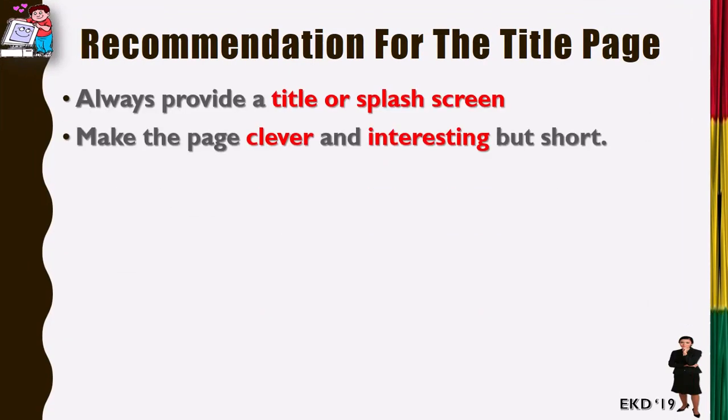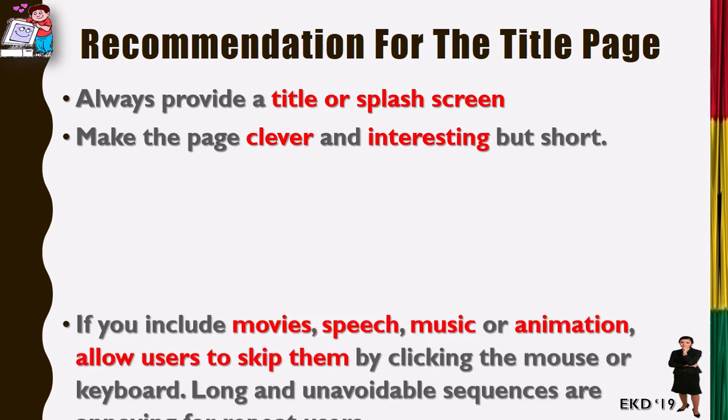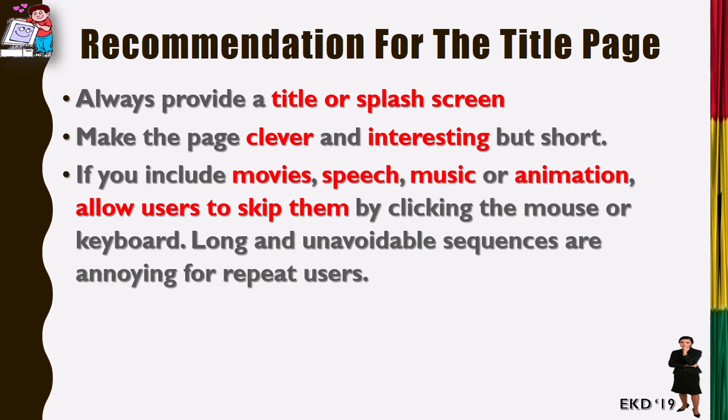Now, it must be interesting and very short. If you have a title page, it must be interesting, it must be cleverly designed. Now, if you include movies, animation, you must be able to skip them.